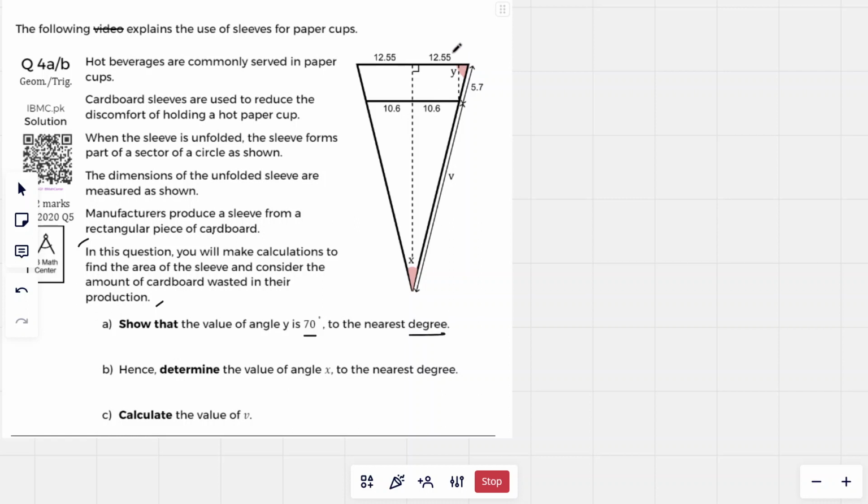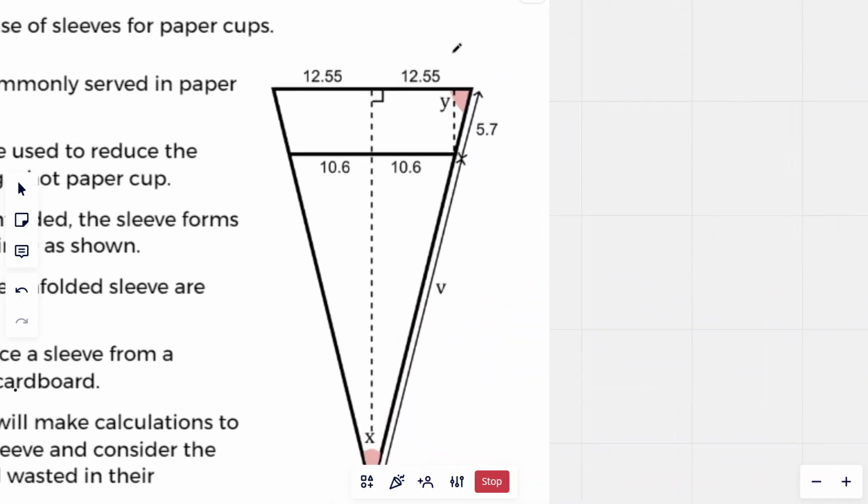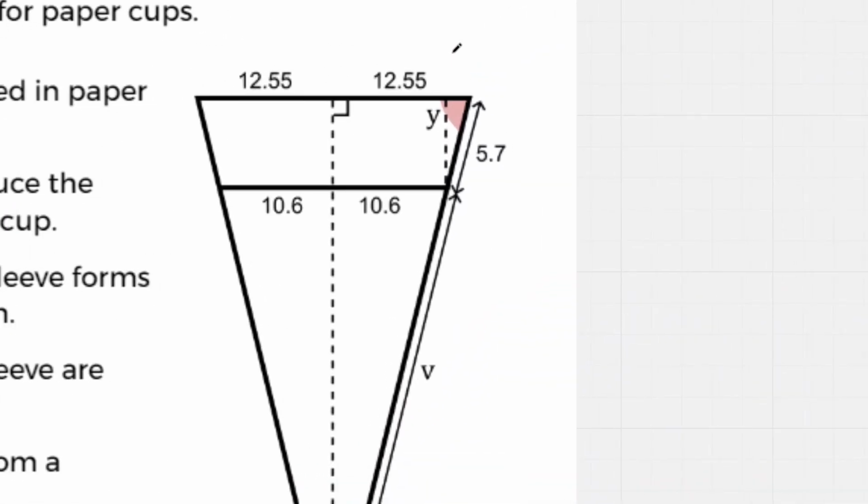If I zoom in, that's my angle Y, and I see that this dotted line here is perpendicular to the solid line. I know that the distance from this perpendicular bisector to here is 12.55, and from this dashed vertical line to this dashed vertical line it's 10.6.